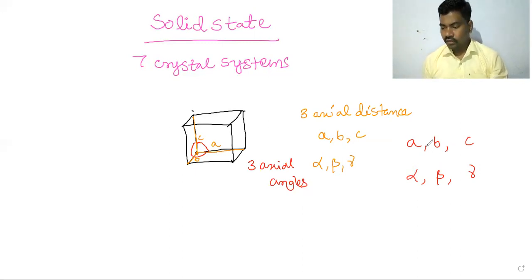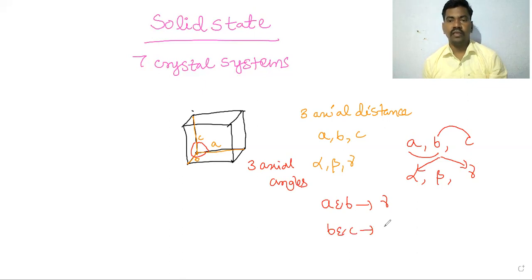So the angle between A and B is gamma. The angle between B and C is alpha. The angle between A and C is beta.